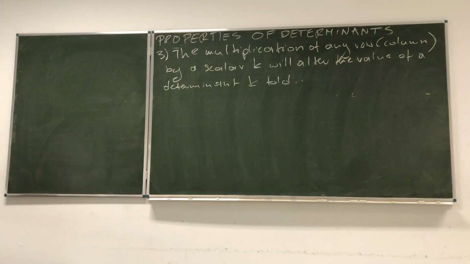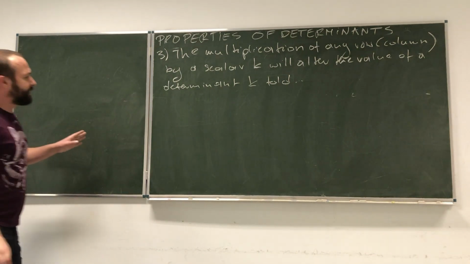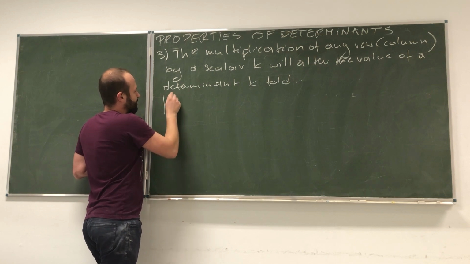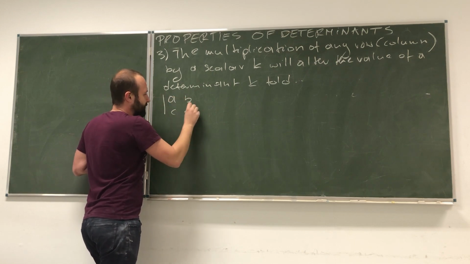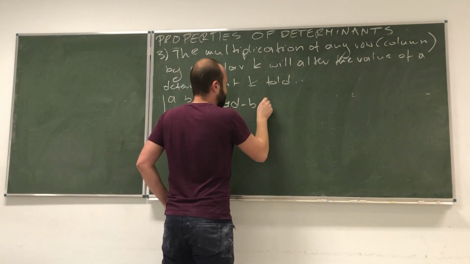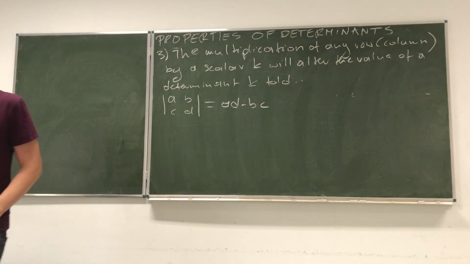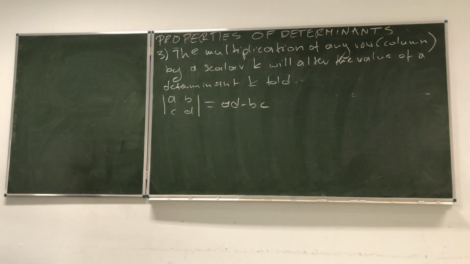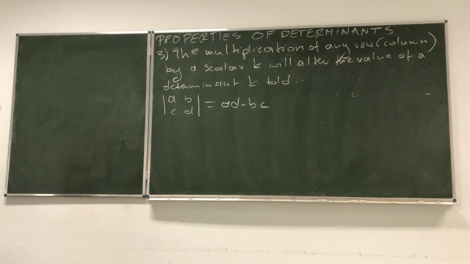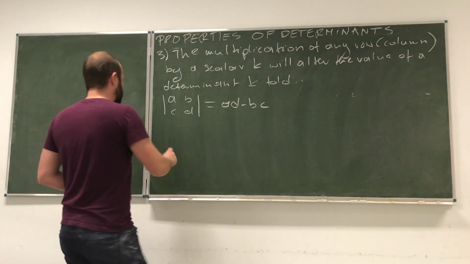Okay, again, it can be really easily explained. Look, we started with determinant A, B, C, D, and we know that this is equal to AD minus BC. Now look, what would happen if I would multiply the first row, for example, by any constant number k.